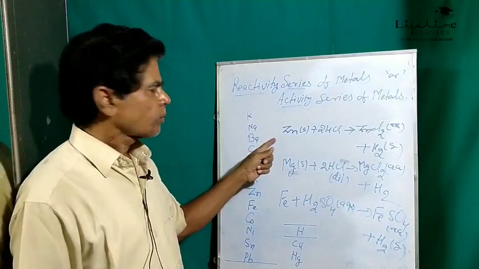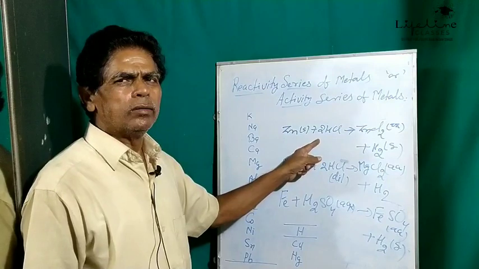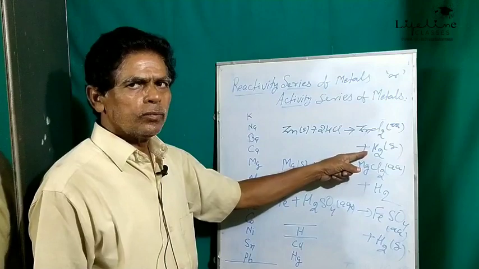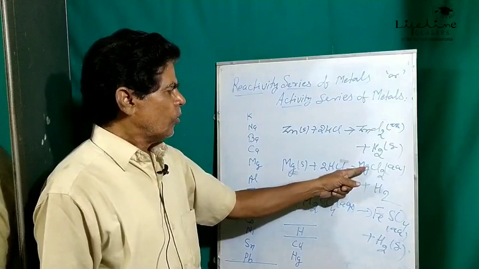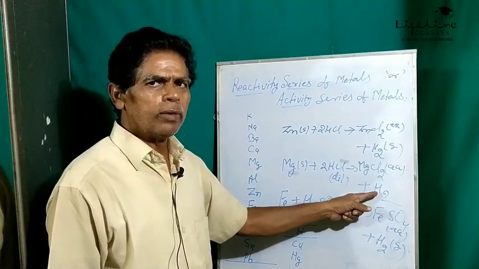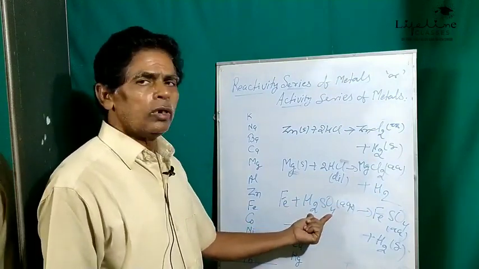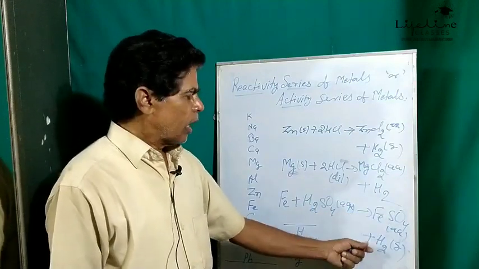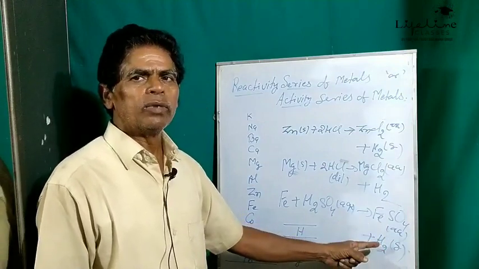See here, when zinc is treated with dilute hydrochloric acid, we get zinc chloride and hydrogen gas. Similarly, when magnesium is treated with dilute hydrochloric acid, we get magnesium chloride and hydrogen gas is also liberated. In the same way, when iron is treated with dilute sulfuric acid, we will have ferrous sulfate as a product and hydrogen gas is liberated along with this.